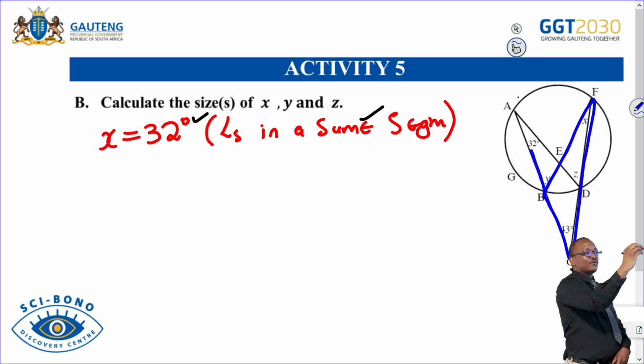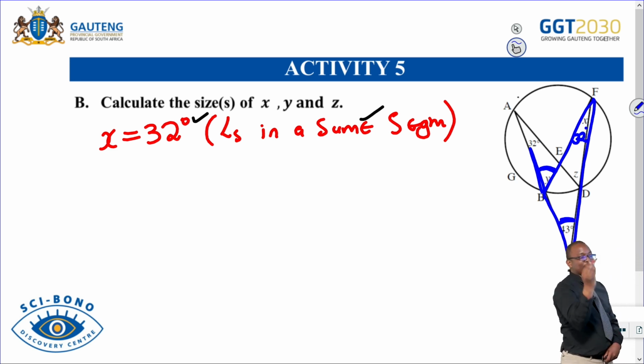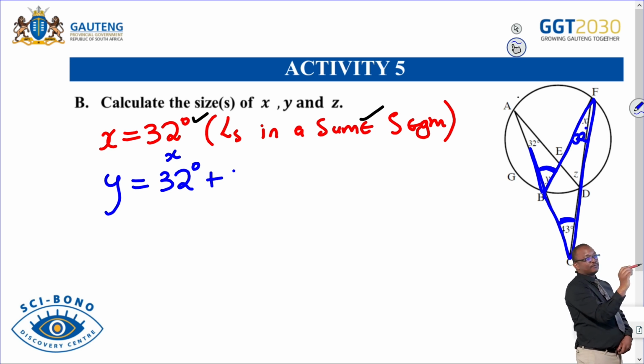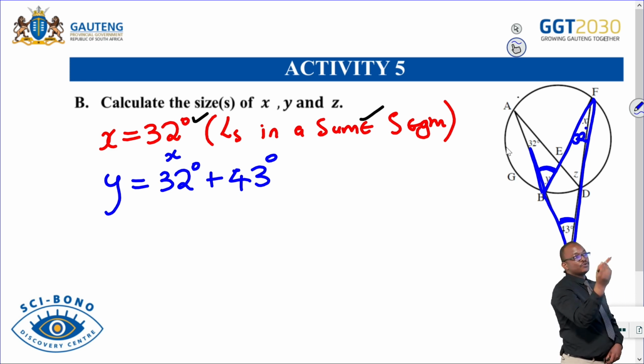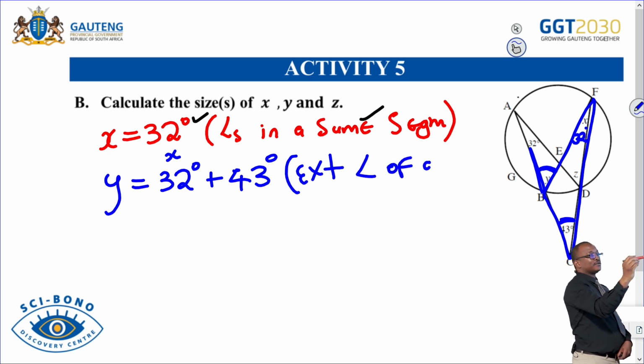Remember, y is an exterior angle of a triangle, and x we know that is 32. So for you to get y, we can simply say y is equal to 32, which was the value of x, plus c, which is what? 43. 32 plus 43, then you will say now it's what? Exterior angle of a triangle.